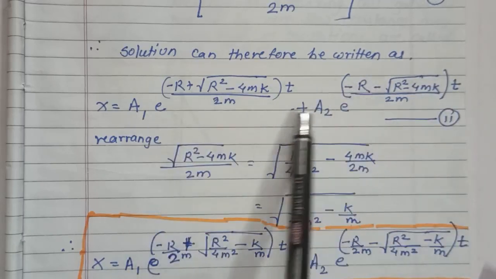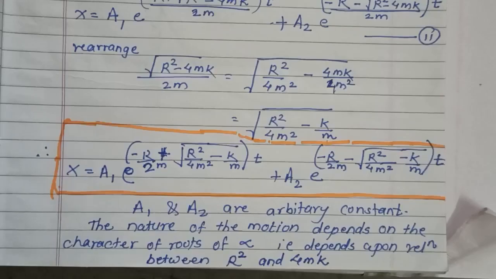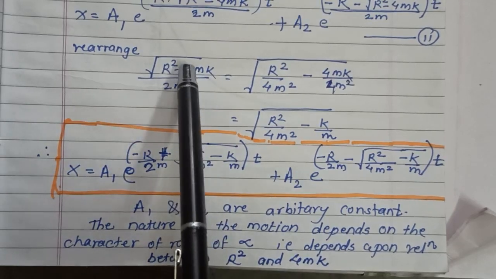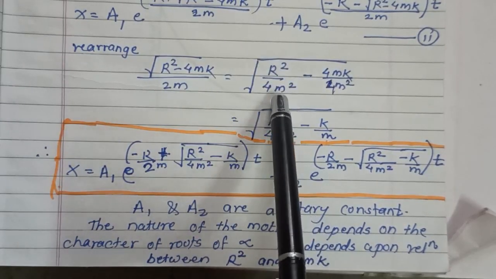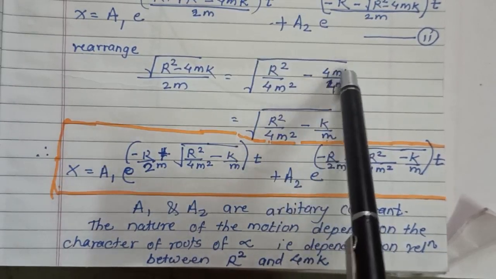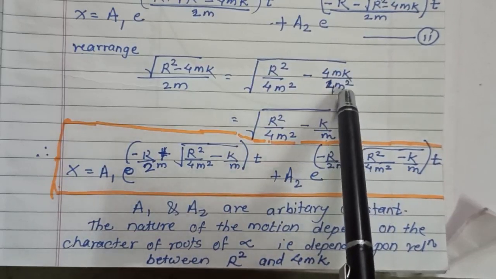Now rearrange the above equation. Square root of R square minus 4mk whole divided by 2m: we take 2m inside the square root, then we get square root of R square upon 4m square minus 4mk divided by 4m square.